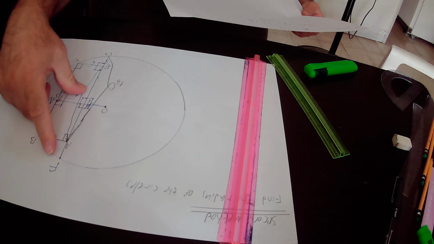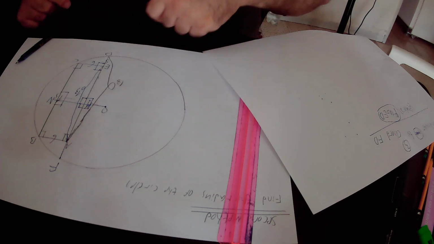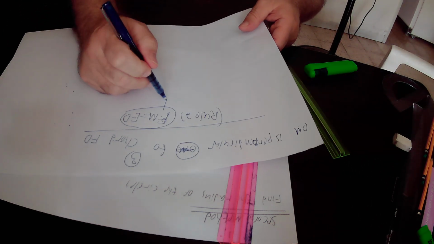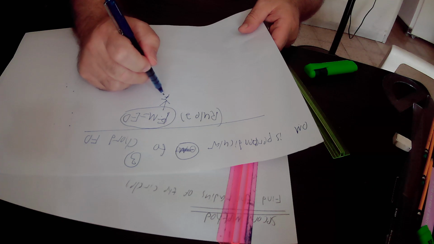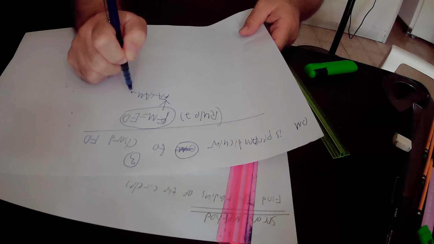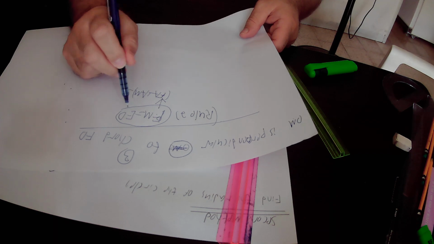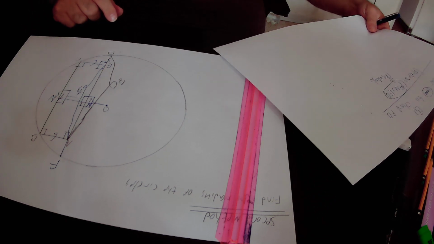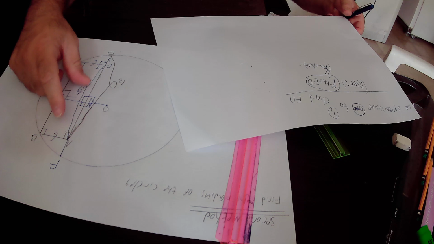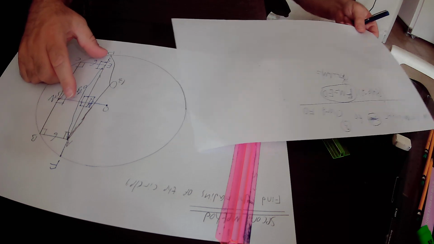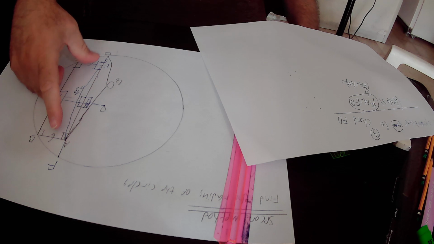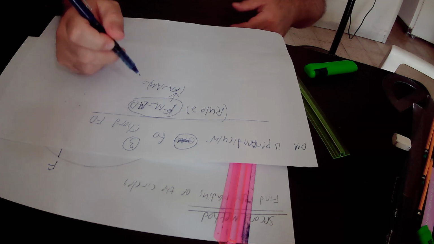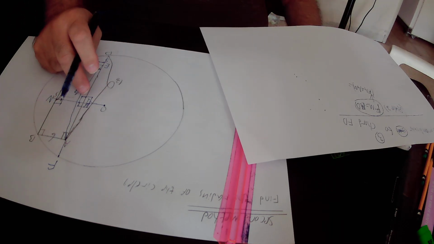But what is the value of FM? It is very easy to see that FM equals FA plus AM. Perpendicular OM bisects chord FD, it means that FM equals MD, because chord FD has been bisected by perpendicular OM.